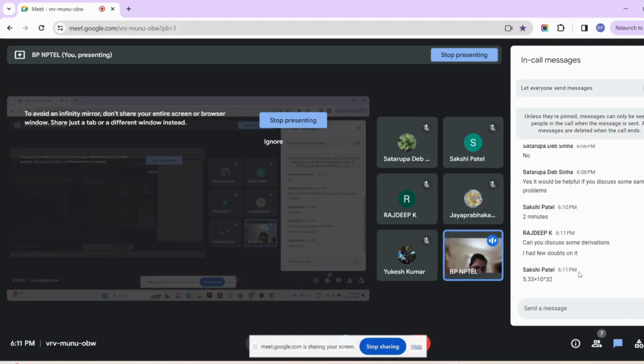Sakshi is writing 5.33 into 10 power 32. The answer would be 3.5 into 10 power 22. I don't know how you got 5.33.